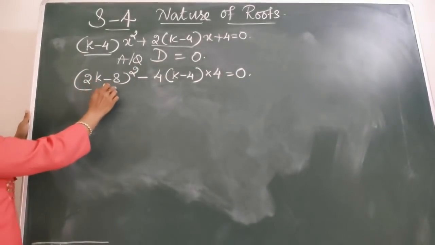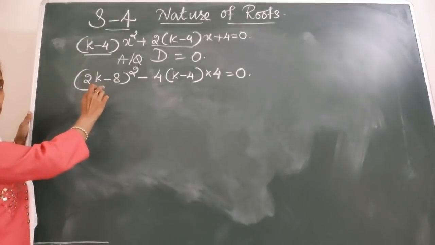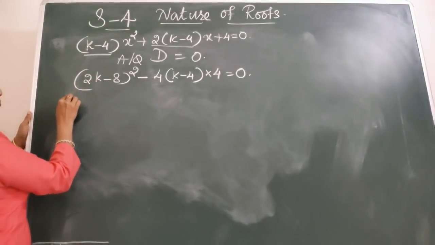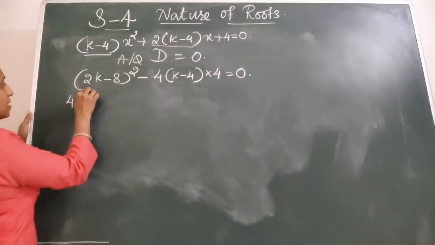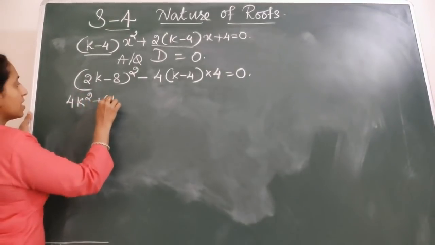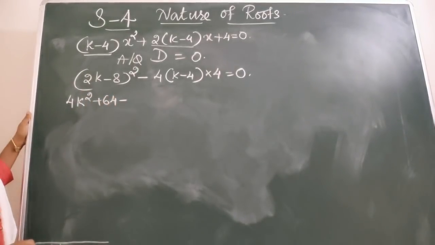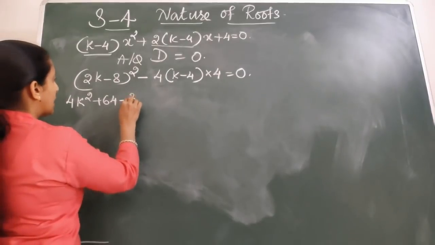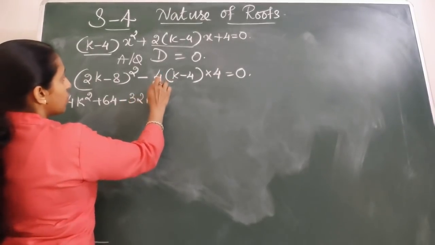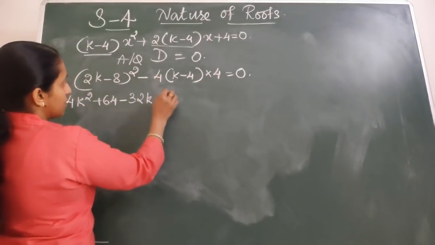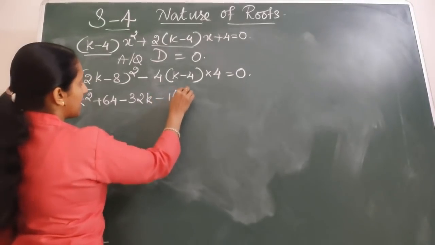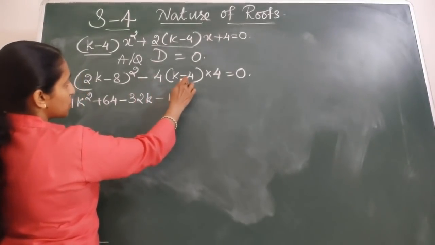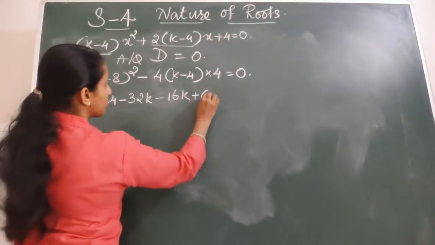Then this is the (a minus b) whole square form, which means a square plus b square minus 2ab: 32k. Then 4 fours are 16, so minus 16k, minus into minus, plus 64.